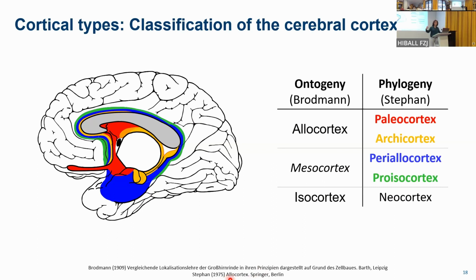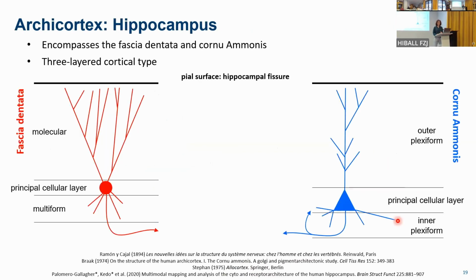Now, why I'm going into all of this detail is because the hippocampus belongs to the archicortex. Okay. And I talked earlier about the fascia dentata, and I talked about the cornu ammonis. On the left of this slide, you've got a schematic representation of the layers that can be identified within the fascia dentata, and on the right, those that can be identified in the cornu ammonis.